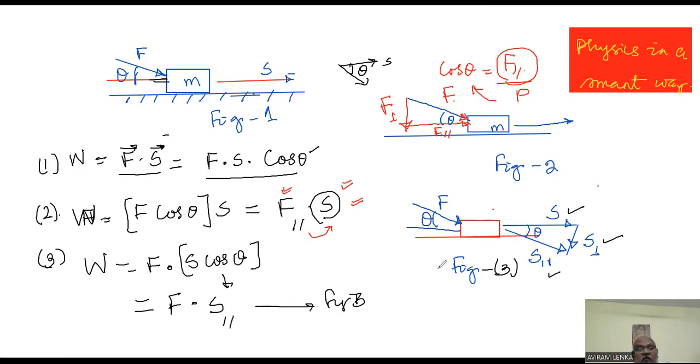We don't require that. So our work also can be written as F into S parallel, because the formula simply suggests that. So whether a student goes for Fs cos theta, or takes S as full and the part of the force which is parallel to displacement, or F full into the part of the displacement parallel to the force, the choice is his or hers.